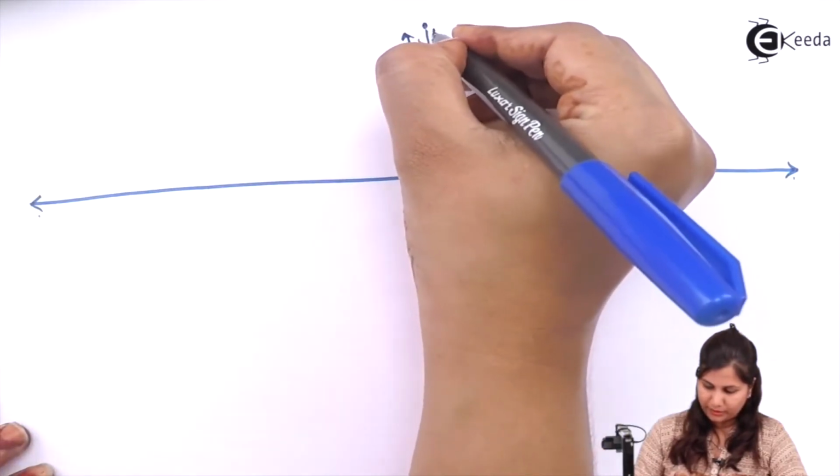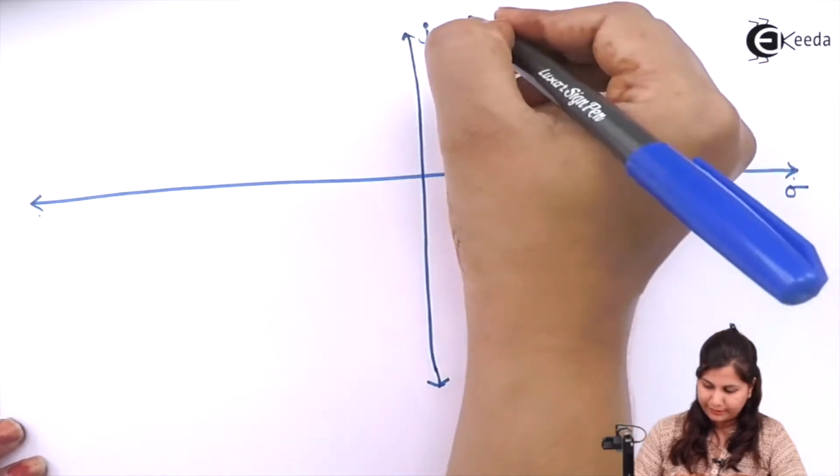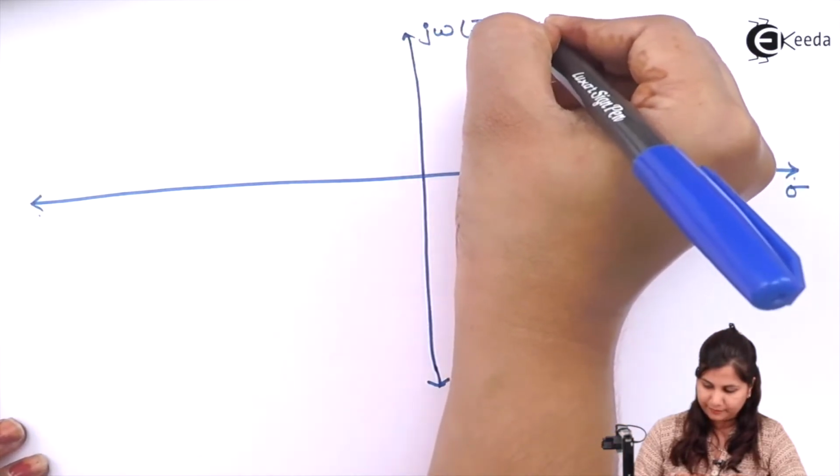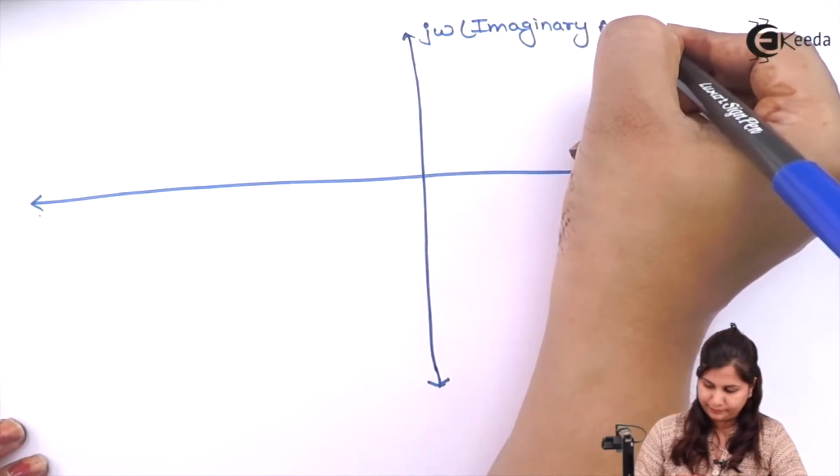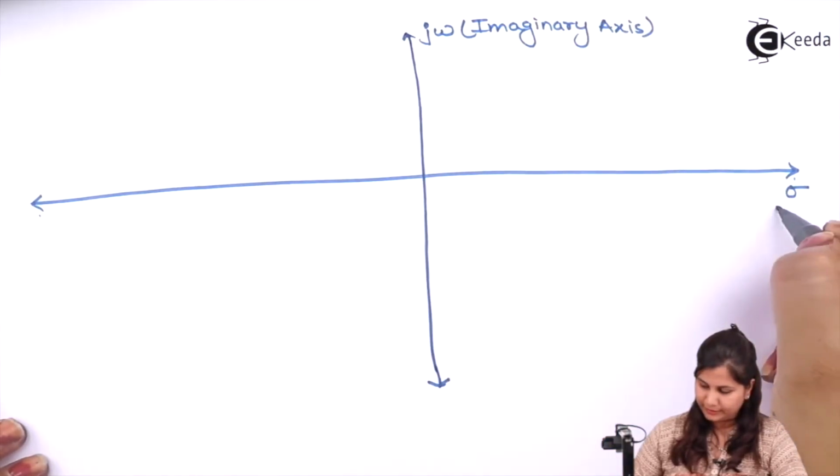This is j omega and this is sigma, imaginary axis, and this is real axis.